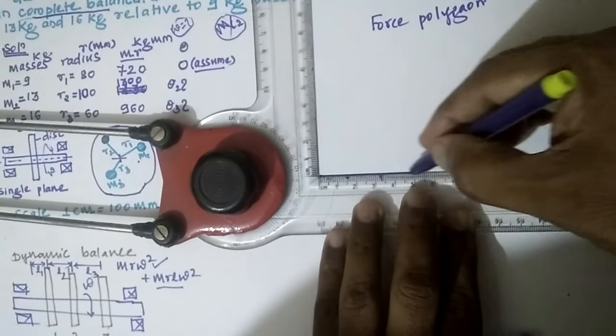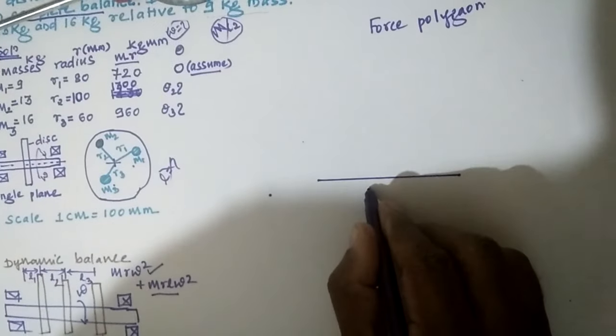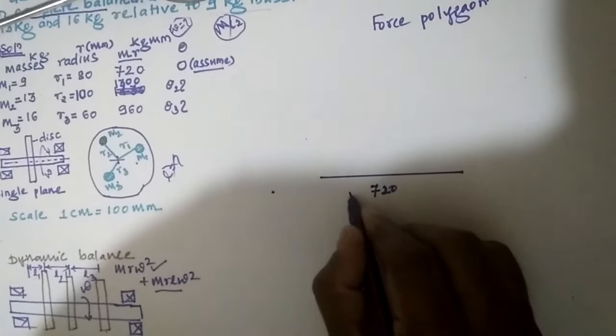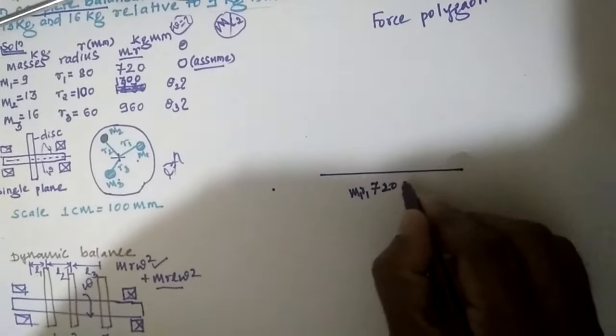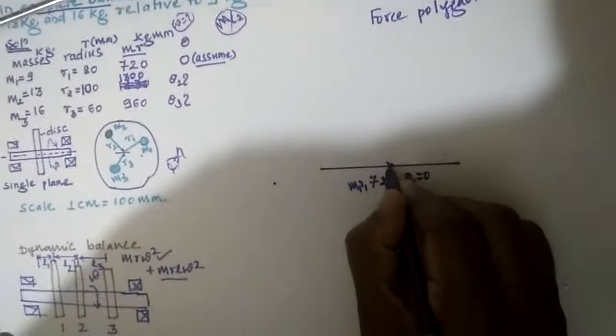You draw the 7.2 here. This is 720, or M1 R1, where theta 1 becomes 0.